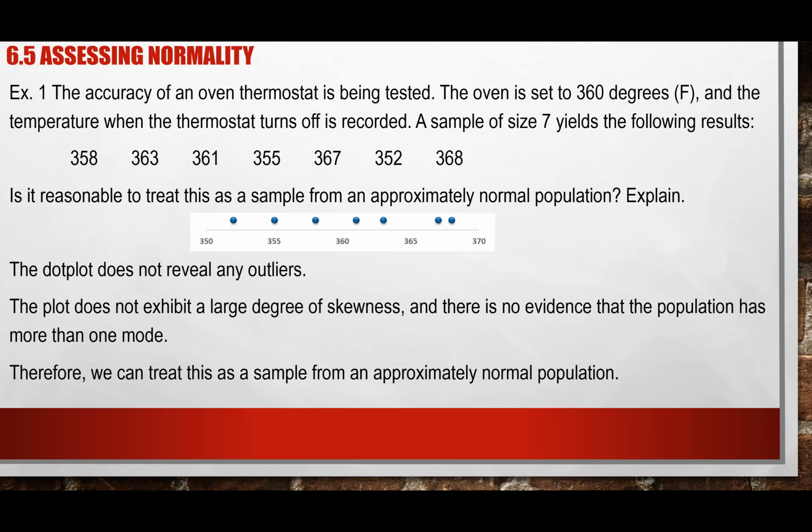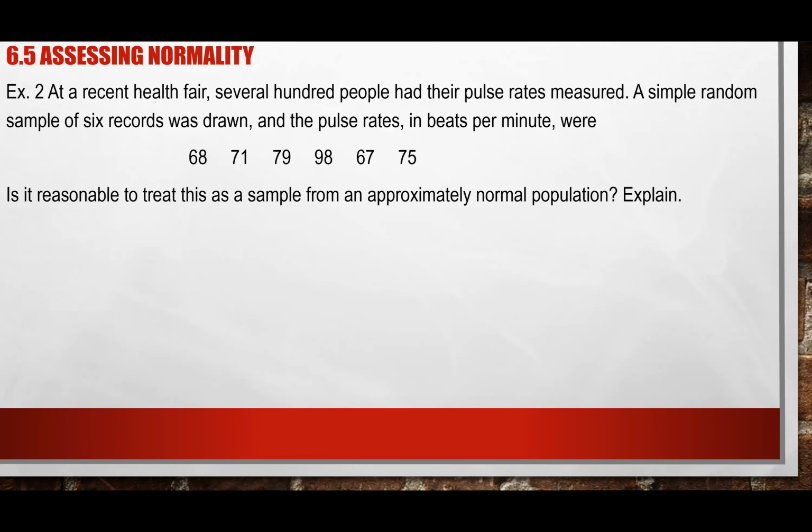So again, that's the idea we have here in section 6.5. There's no calculation. You just look at your data and construct a dot plot, or later on a histogram. But look at this data.